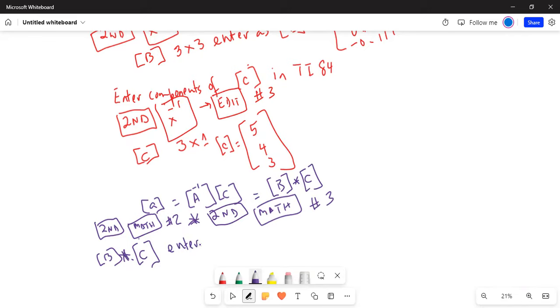Okay, so second X minus 1, then actually, I have made a little mistake, so let me correct myself. We don't need the math actually, so let me erase this one.